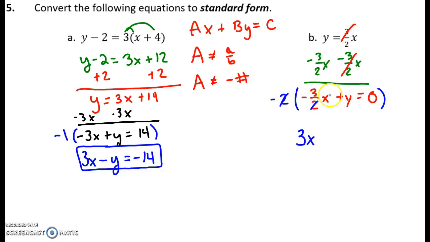Negative 2 times positive y is negative 2y. And then finally, negative 2 times 0, well, anything times 0 is still 0. A is not negative, not a fraction. So here is our solution in correct standard form.